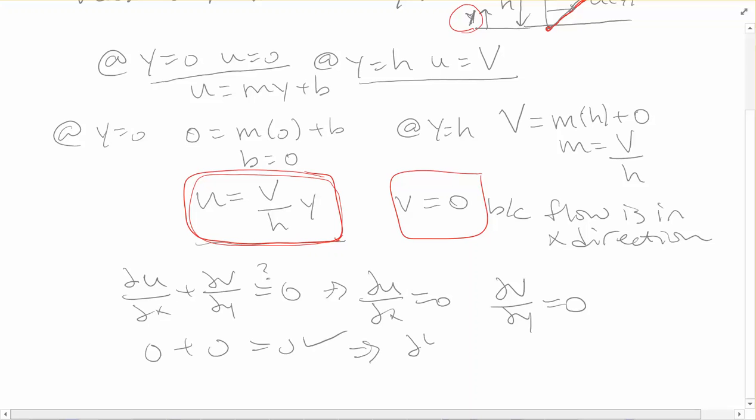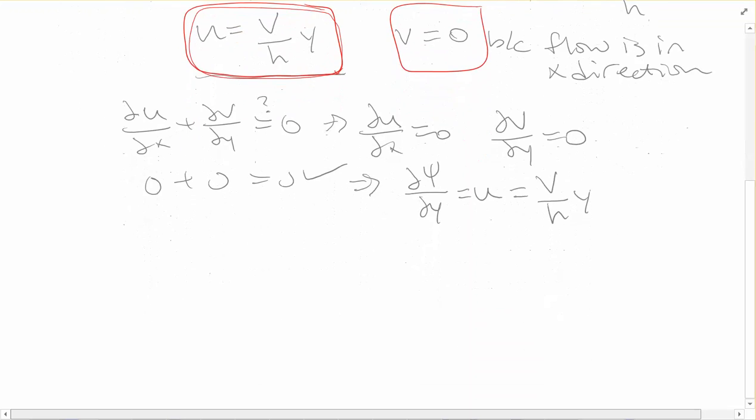So from there we can go ahead and look for the stream function. So we know that the partial of the stream function with respect to y is equal to the x component of velocity u. We've got our equation for u, so we can set that equal to the capital V over h times y. Now from this we can cross multiply and solve for the stream function. So we cross multiply.